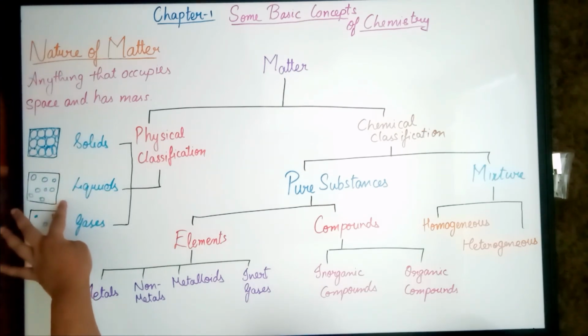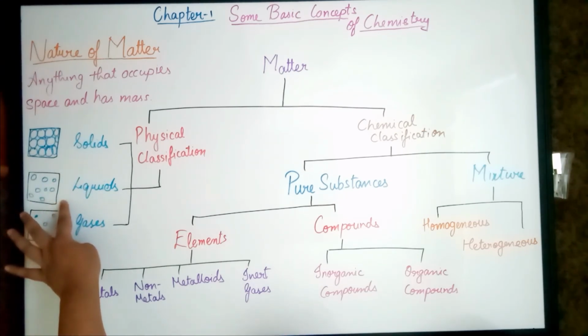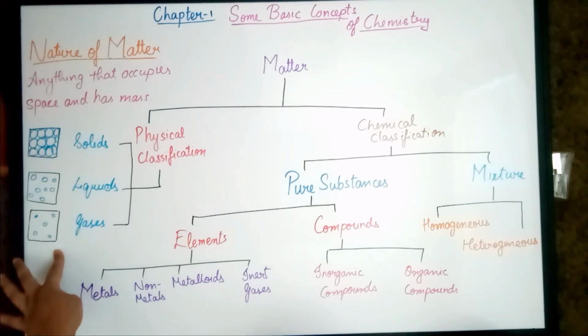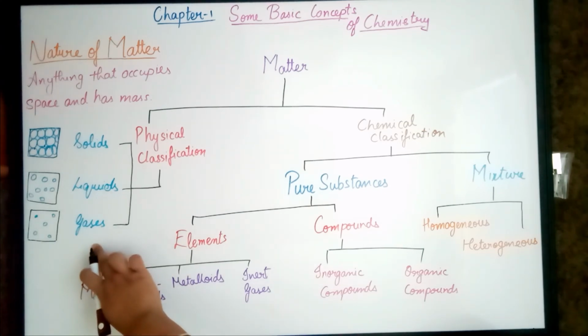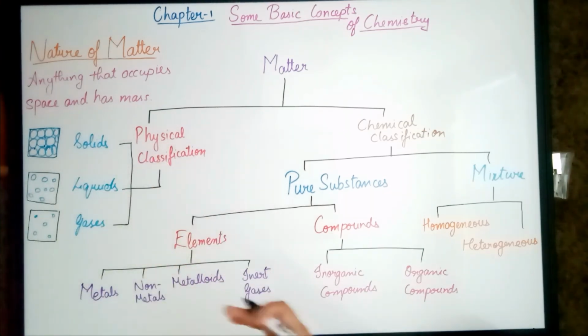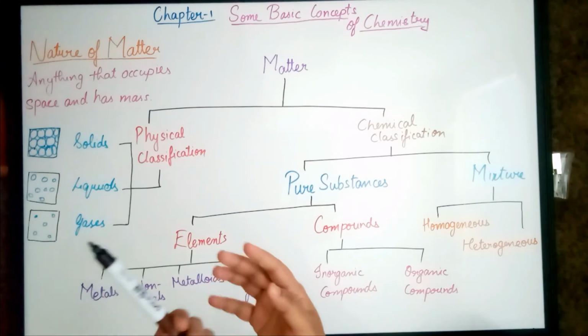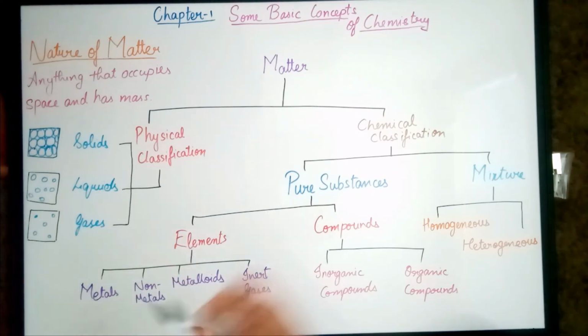Liquids have a definite volume, but they do not have a definite shape, whereas gases have no definite shape or volume. You can say, okay, this particular pen is a solid because it does not move, it has a fixed shape and it has a fixed volume.